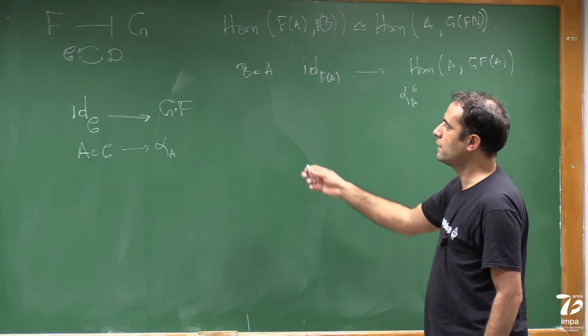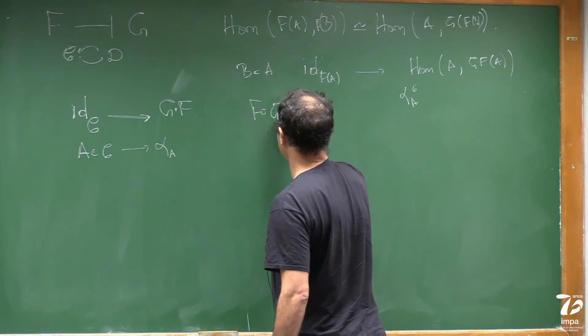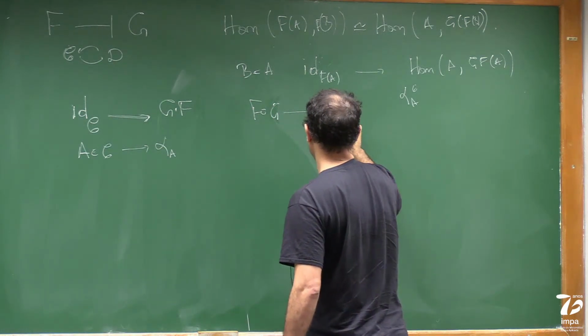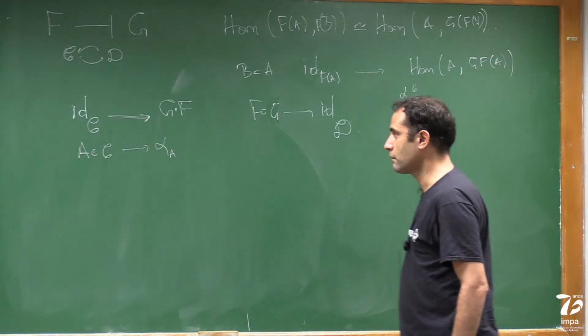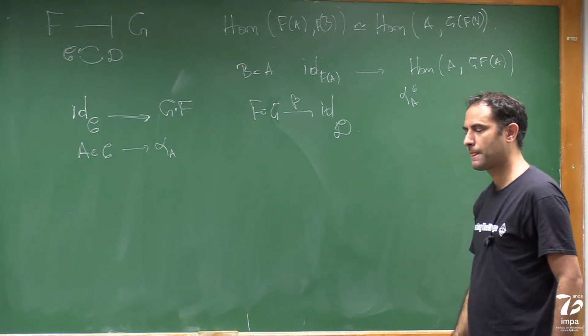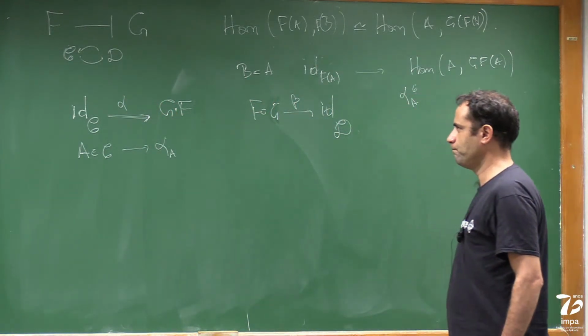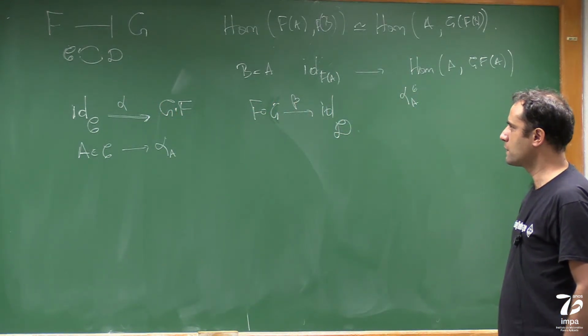And similarly, we get from the composition of F with G to the identity functor in the category D. We call this guy beta, perhaps. So this is my alpha.